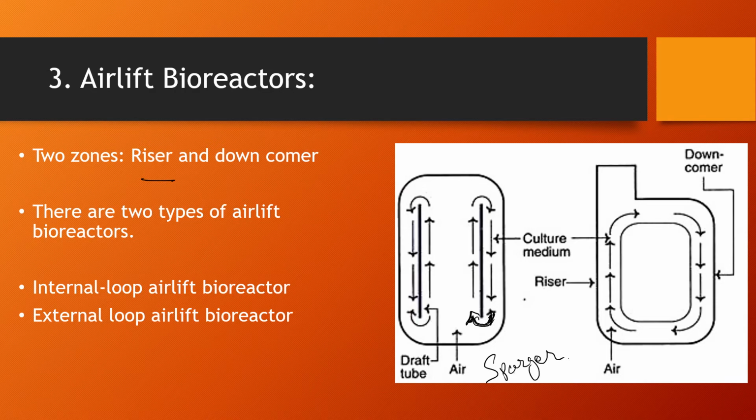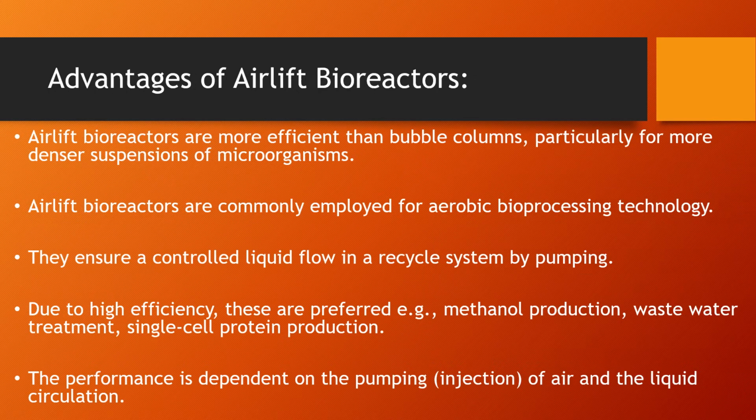Air is being sparged from here, and it is lifting the entire contents of the bioreactor, and it is going this way, mixing continuously. So these two are internal loop and external loop.